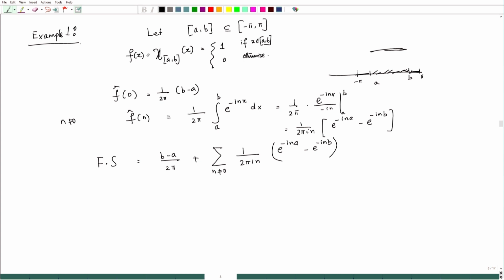Now, just check that, in particular, if our interval is minus a to a for some a which is positive and less than pi, then the Fourier coefficient f hat of n is equal to 1 by 2 pi I n, and then here a is minus a and b is a.